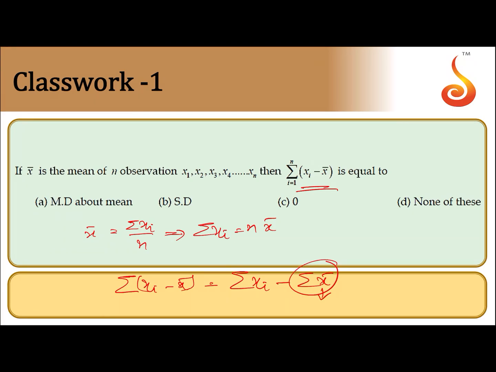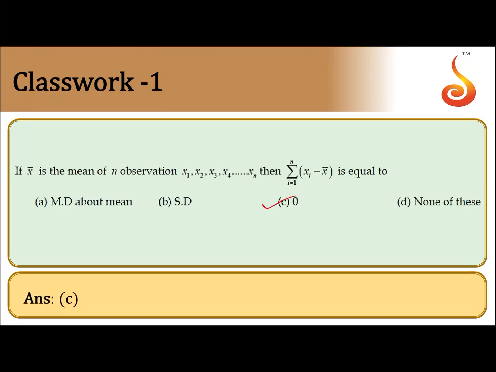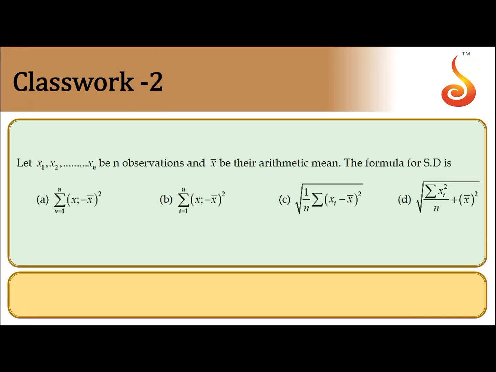This means the mean x bar has to be added n times, but sigma xi is nothing but n x bar, and minus this n times x bar, the subtraction of both is 0. So the answer is 0. The answer is 0, option C.